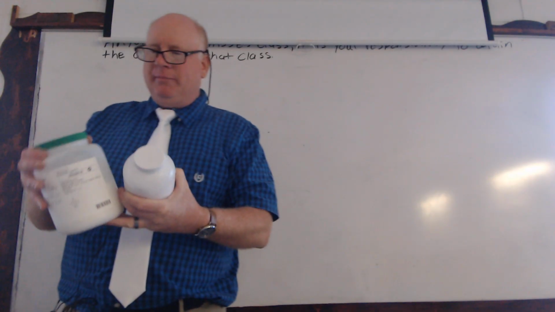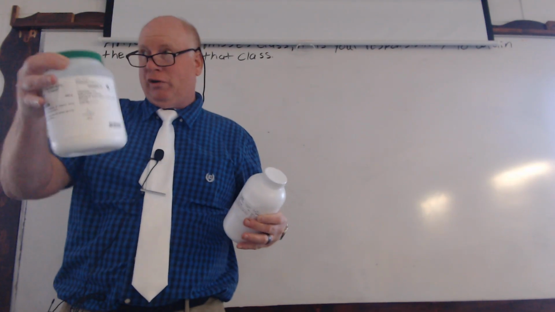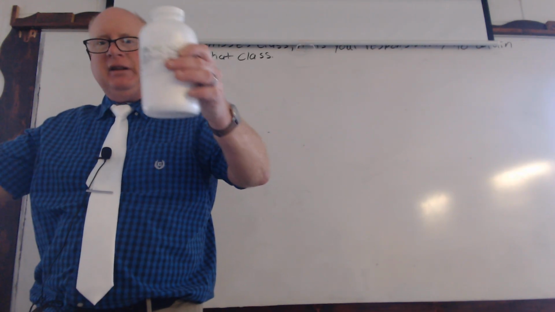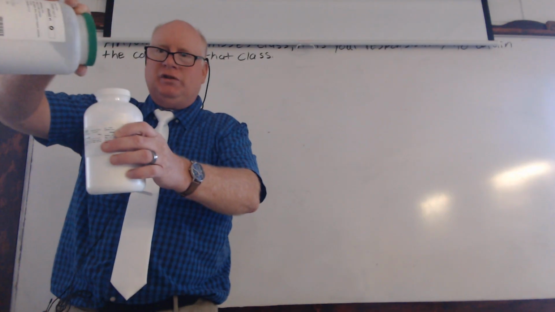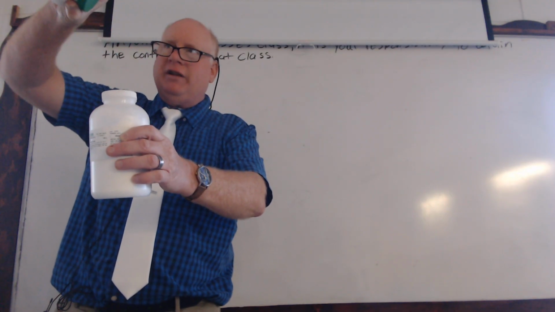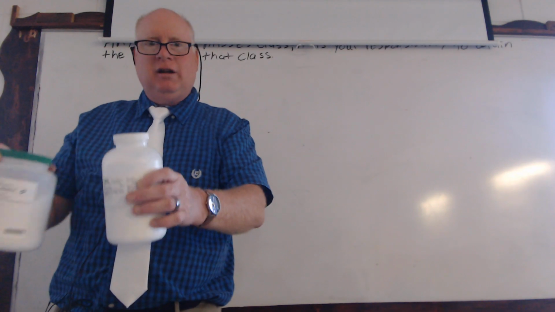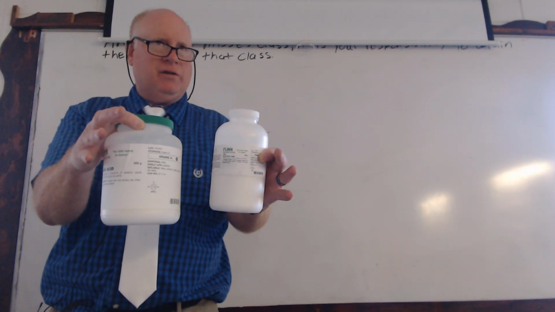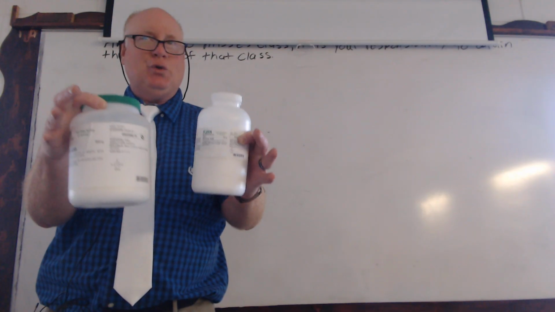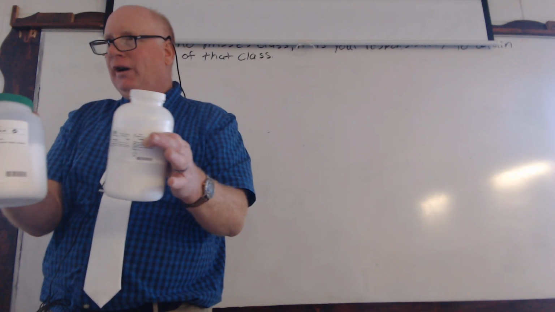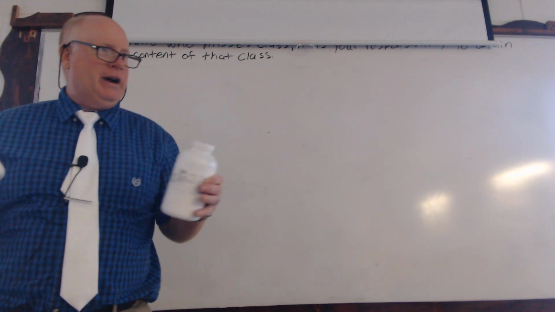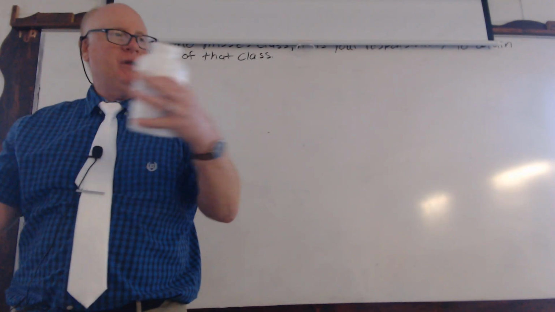If this is full and this is empty, what's going to happen when you start dumping liquid from here into here? It's going to start to overflow. So hopefully it's a way of not trying to do too much all at the same time, and that's why we break it in half like that.